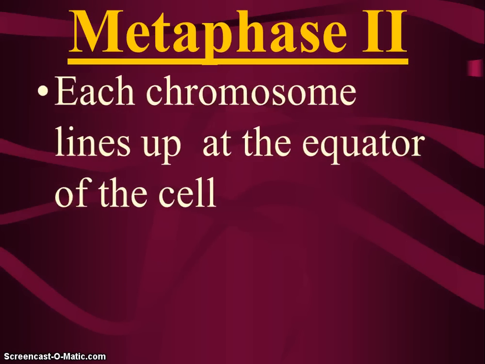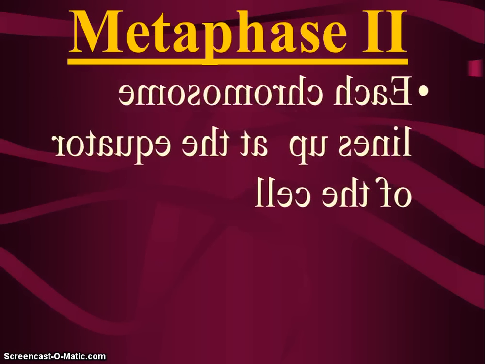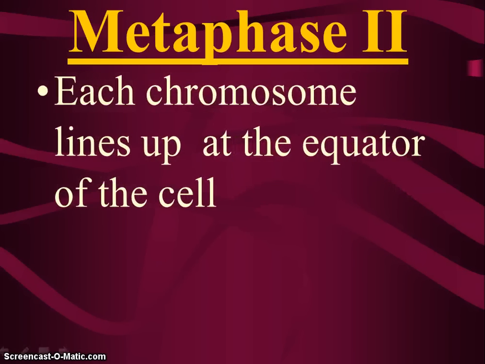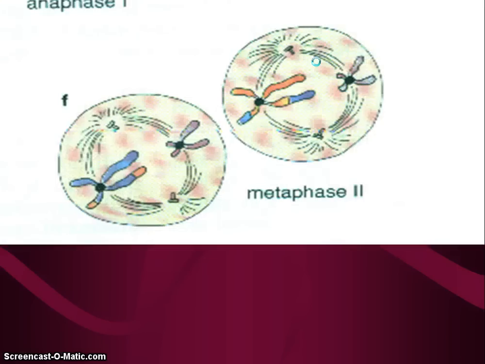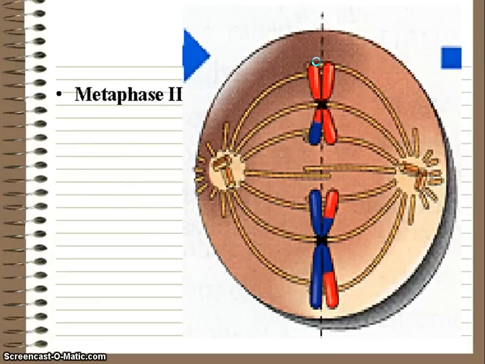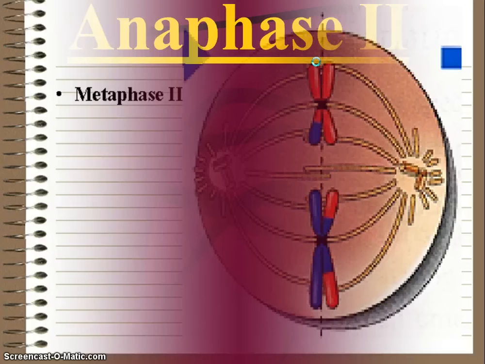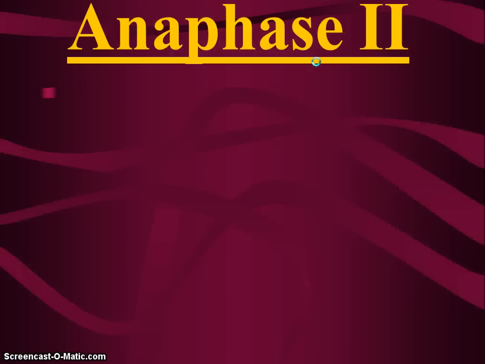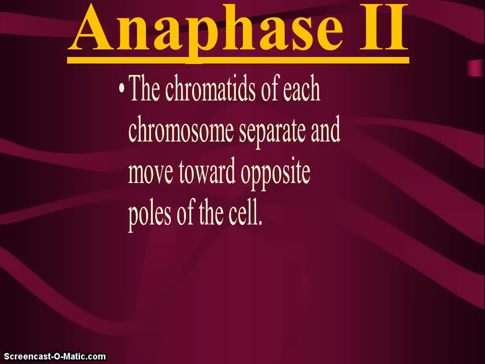Metaphase 2, again, two cells. Chromosomes are going to line up in the middle with their centromeres. Okay, lining up for those chromosomes to split apart. Okay, so now we have anaphase 2. Anaphase 2, we're pulling apart our chromosomes into chromatids.